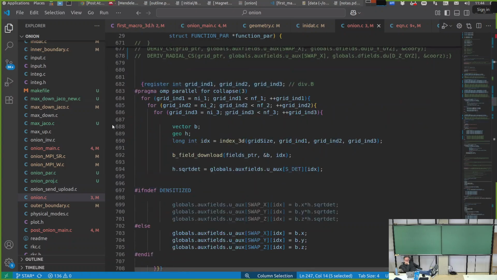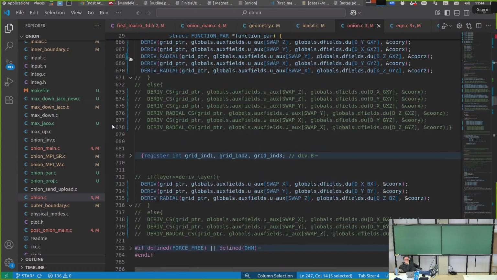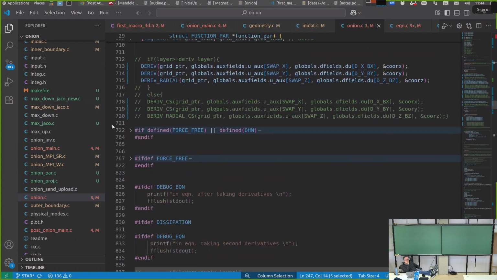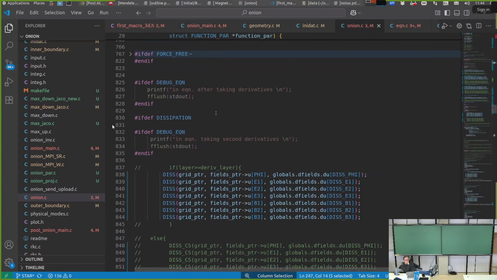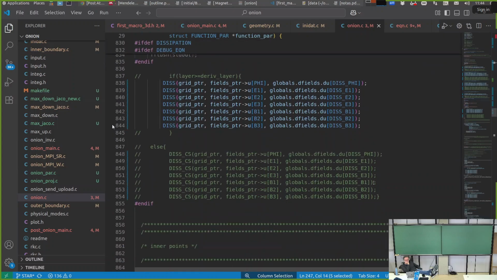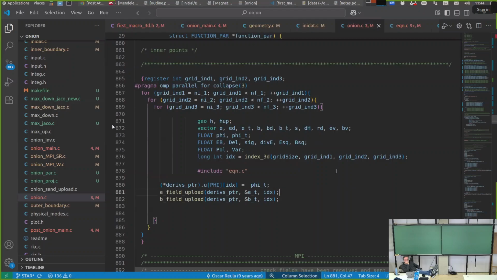So these are the three-dimensional loops, taking the derivatives by using these summation by parts operators, finite difference. And here dissipation is included. Okay, so here's important. So this is the bulk of the grid. These are the inner points, and then it calls the file equation.c, which is here.